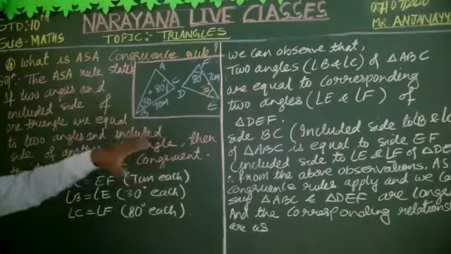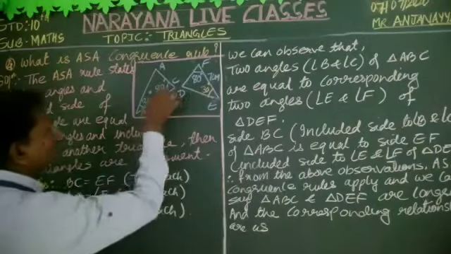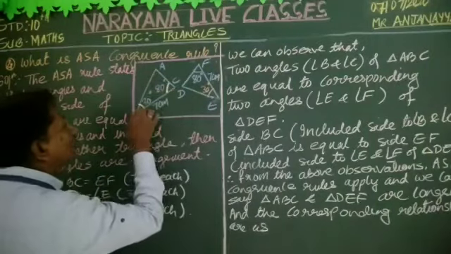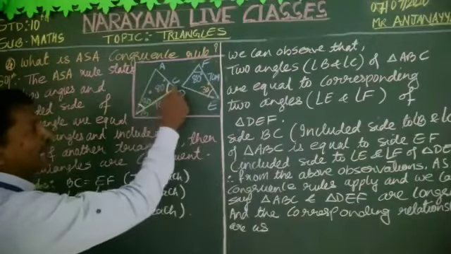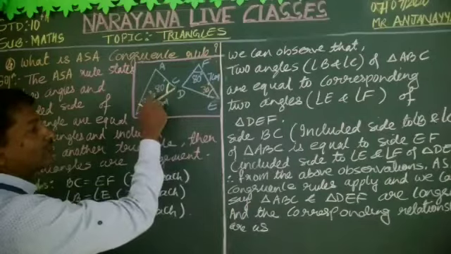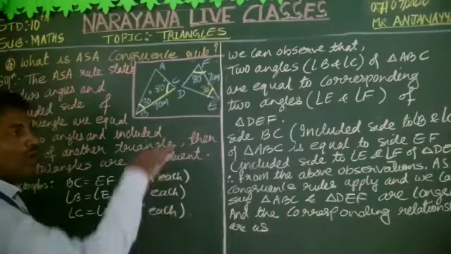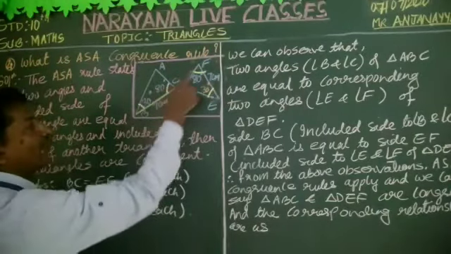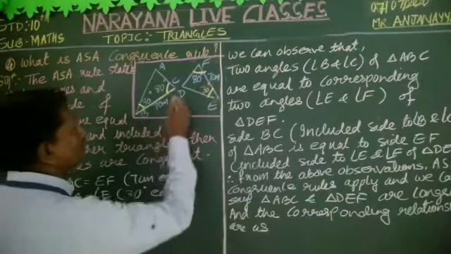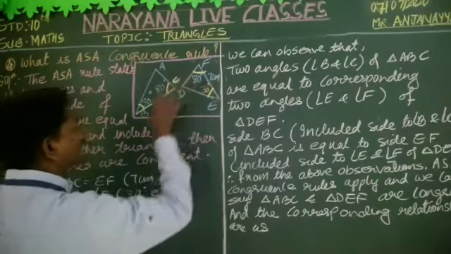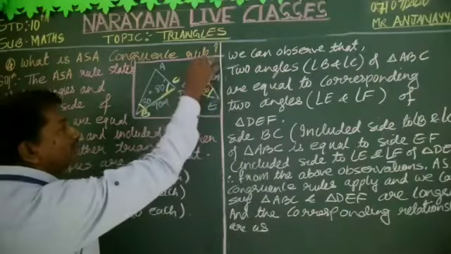So we can observe that these are two angles and the included side of one triangle, that is angle B and angle C, equal to the corresponding two angles of triangle DEF, that is angle E and angle F, and side BC is equal to EF.